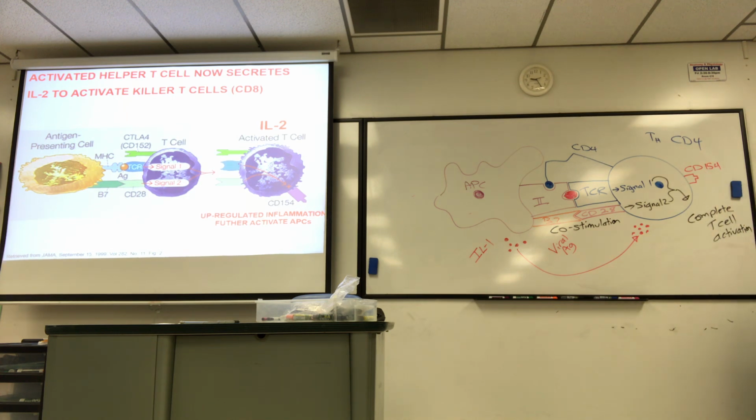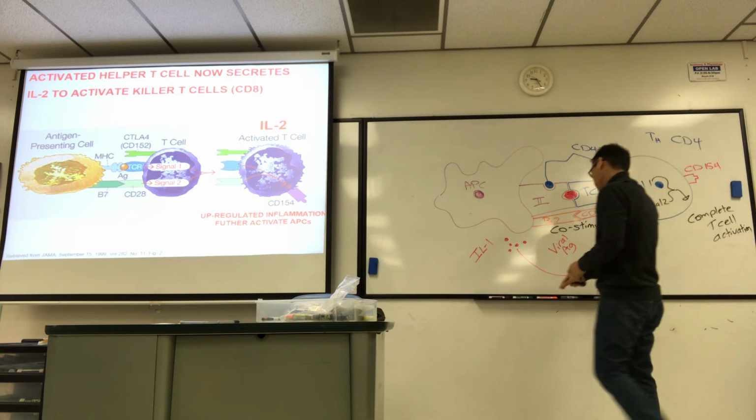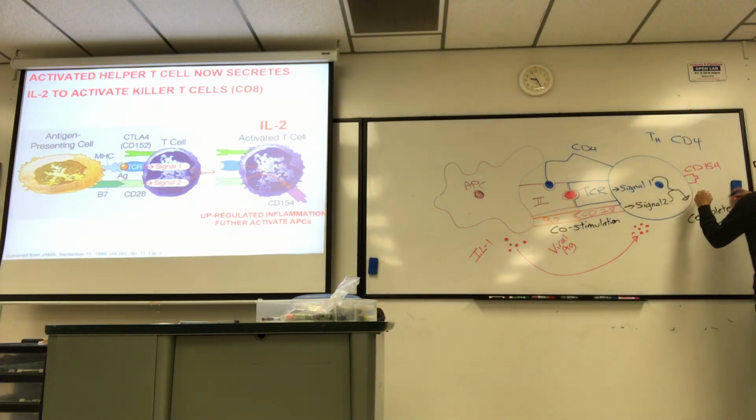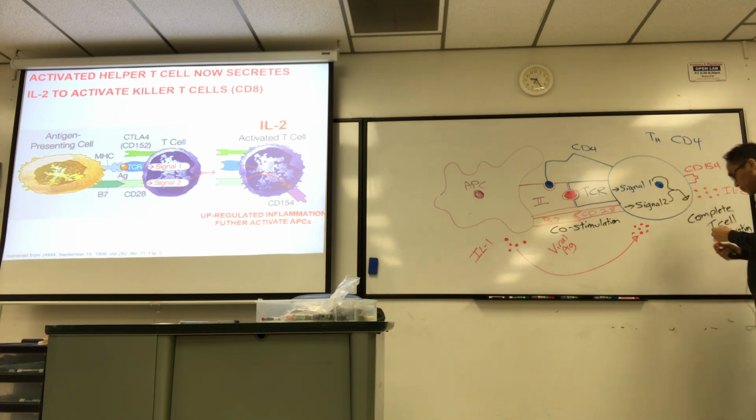Okay, upregulate inflammation, activate other APCs. It'll secrete something like IL-2 to help other things get activated. So IL-2, CD154, that's after you're activated.